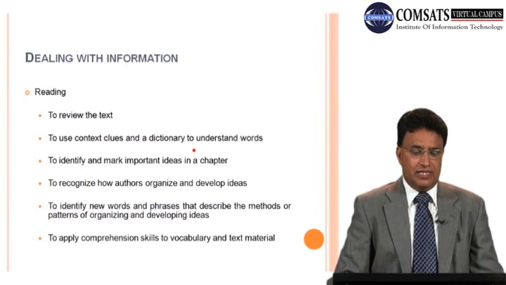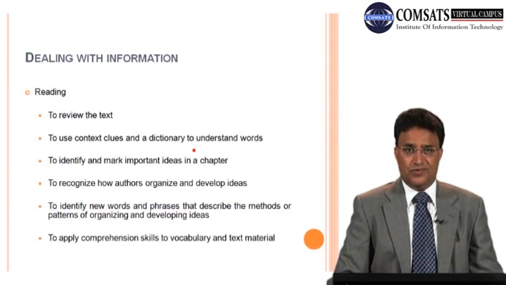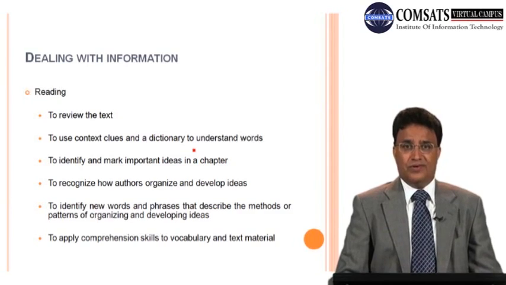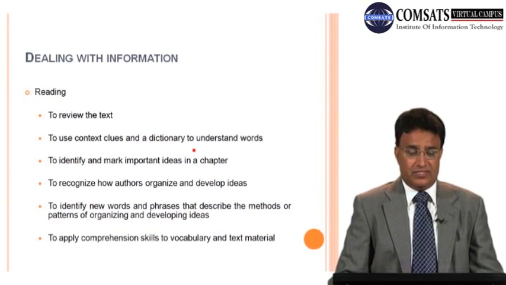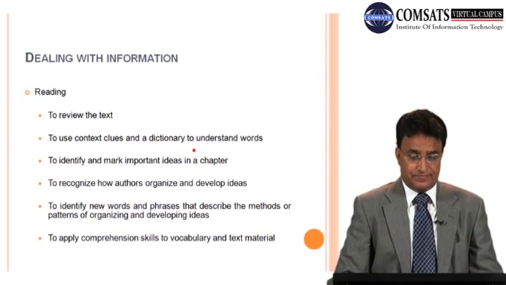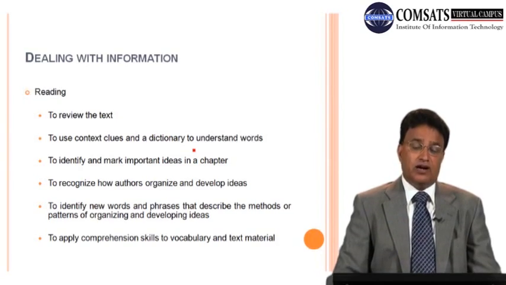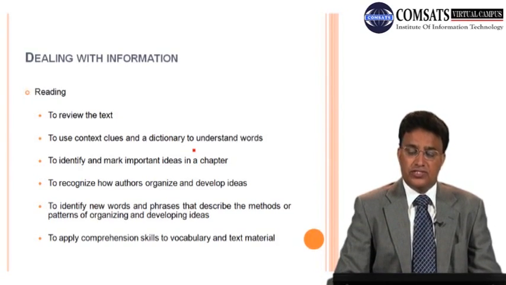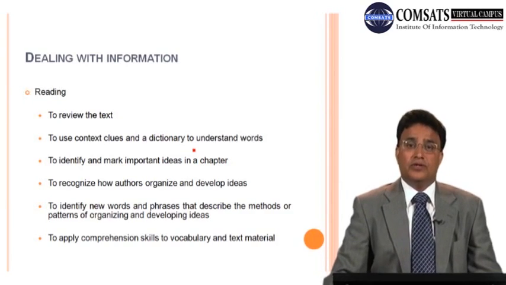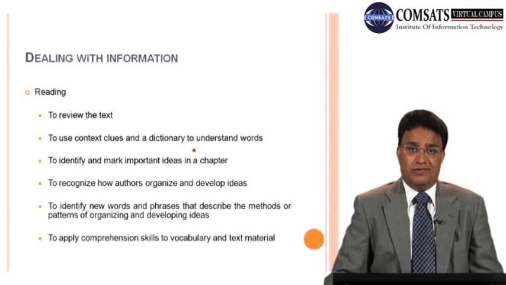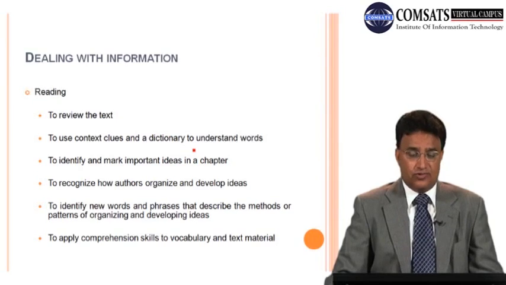That is the kind of reading you do when you find a book for the first time. The second stage of reading is to use context clues and a dictionary to understand the words you don't know. Try to guess the meaning in context, and if you can't, then use a dictionary.